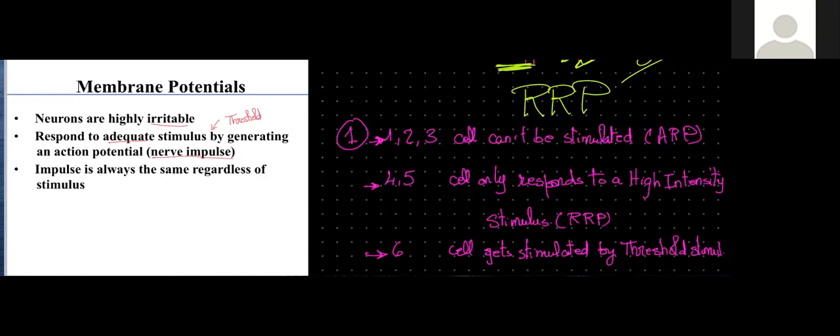The impulse is always the same regardless of the strength of the stimulus. It's an all or none. If you've got enough stimulation, you create an impulse, or you don't create an impulse. It's an all or none signal, whether you have it or not.